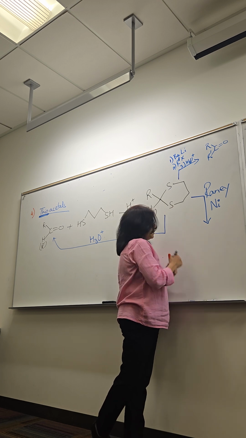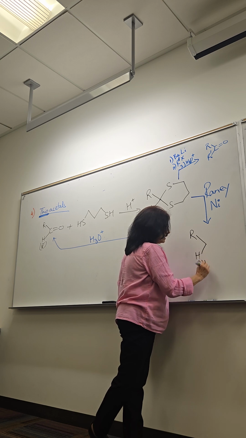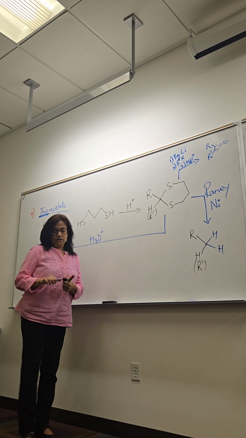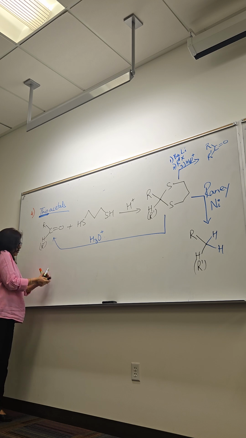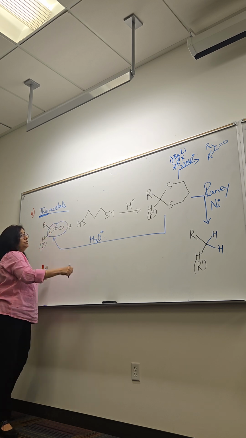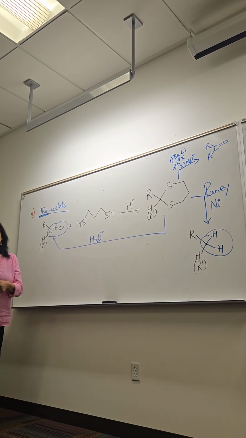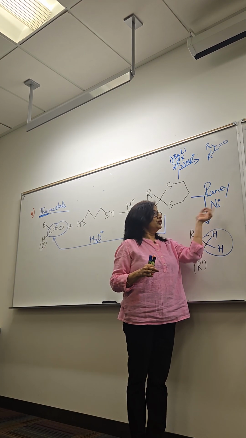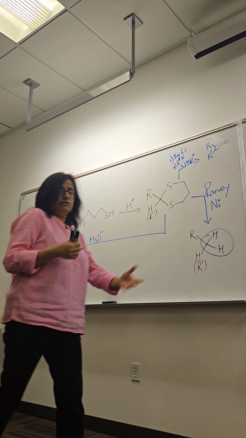It converts the aldehyde or ketone into an alkane. So the C double bond O becomes CH2.